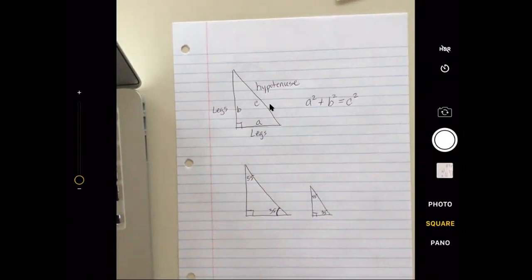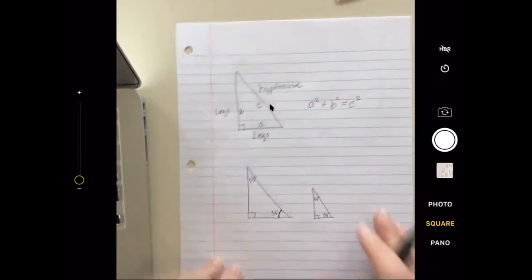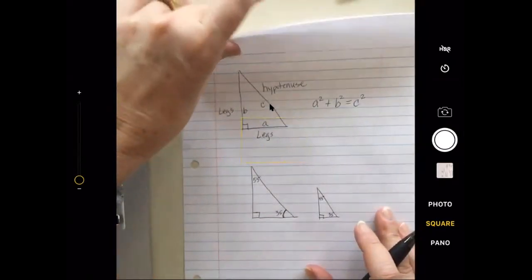They started looking at the ratios, and noticed that if you know that angle, the ratios are always the same.